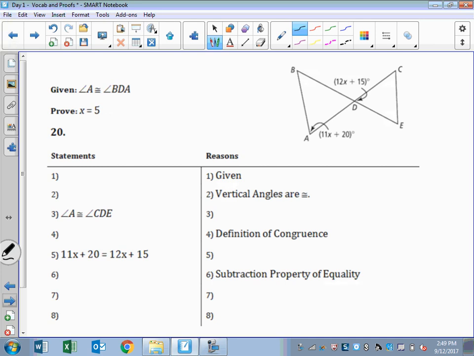And then for number 20, I'll give you the 3 reasons. Again, not in order, but we have substitution is going to be a reason. Subtraction property of equality is going to be a reason.